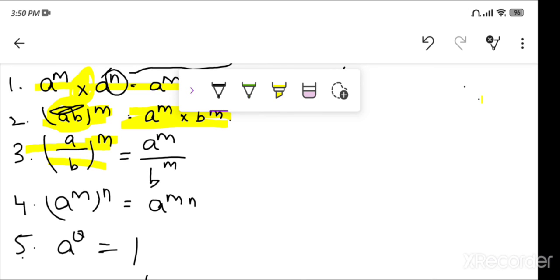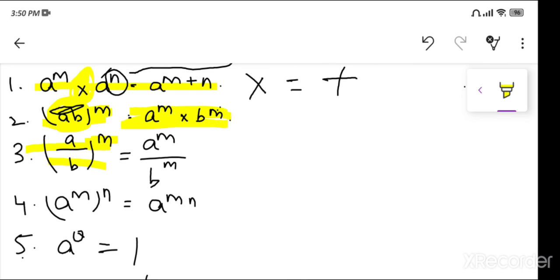I actually told you guys, when the bases are the same and only the power is common, you can write the power for both of these as we did in the second formula. The same applies here. A by b whole power m is equal to a power m by b power m. So we took the power common.